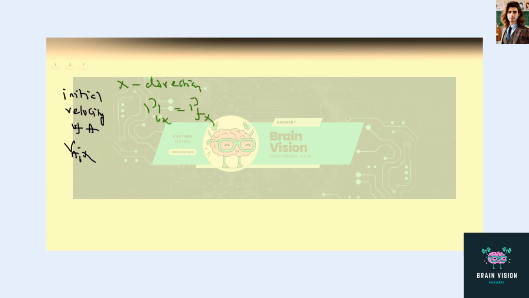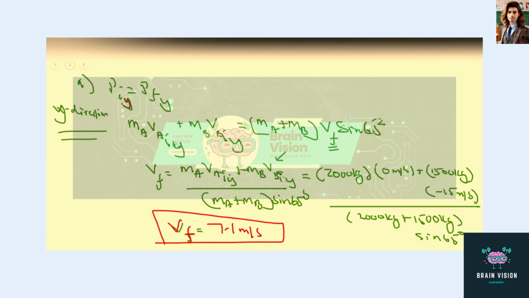Initial momentum in the x direction is mass of A times initial velocity of A in the x direction, plus mass of B times initial velocity of B in the x direction. When they stick together, we have mass of A plus mass of B, but now we're dealing with the x direction.